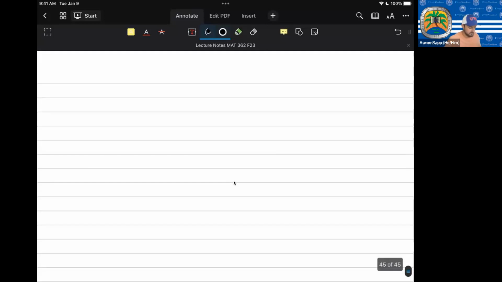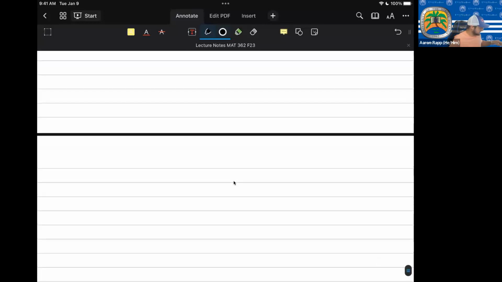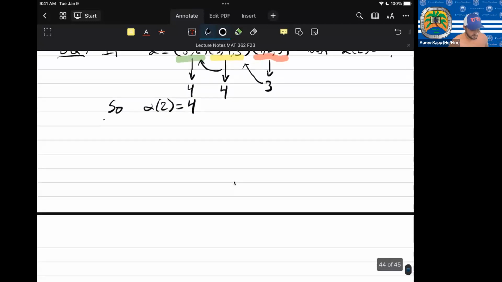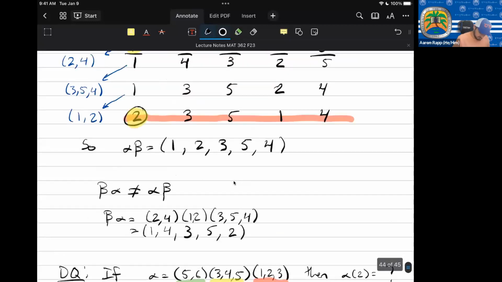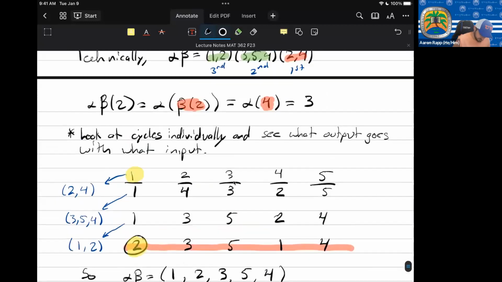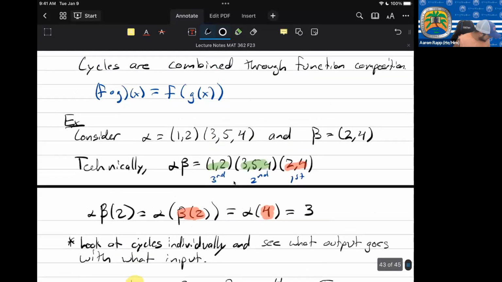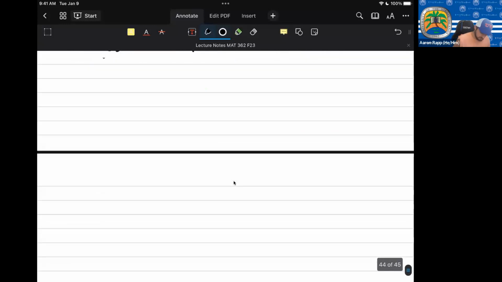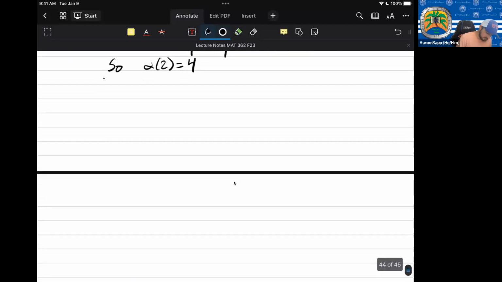All right. So we're going to keep moving on with permutations. Let's just do one more based on that, because I don't think we did this one. What was alpha and beta in this example? So let's do one more real quick. Try to solidify some of this cycle notation and understanding how it works with permutations.